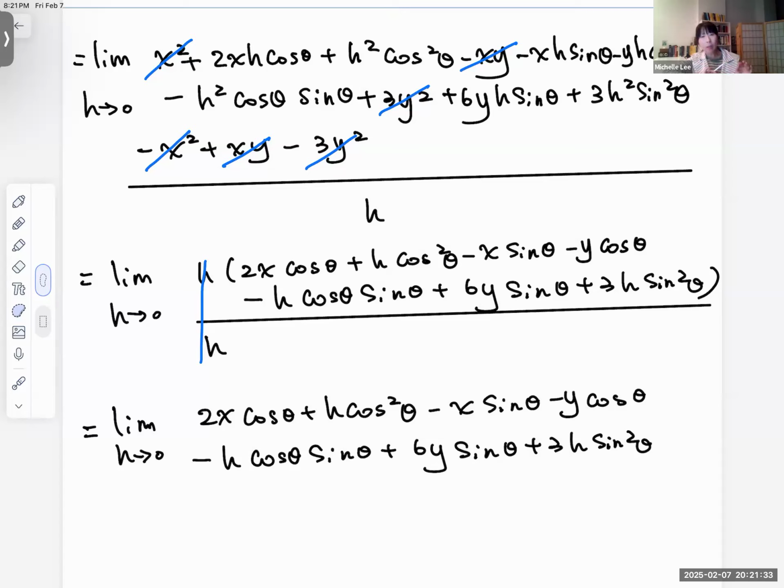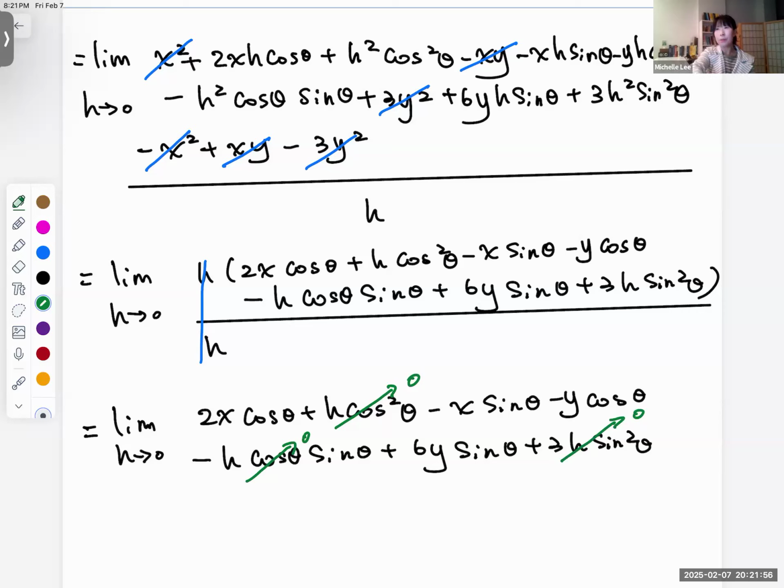Okay. So then we can apply the limit when h approaches 0. Then look, this is equal to 0. This is equal to 0. This is equal to 0.